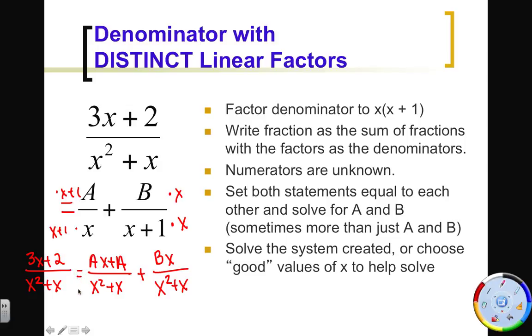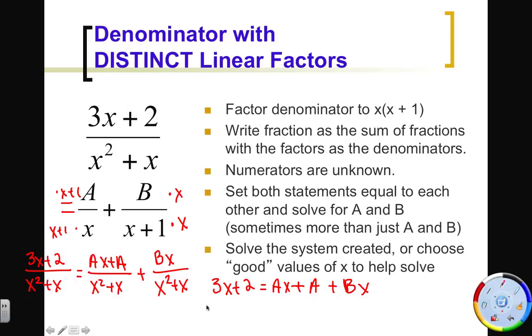Now, here's what's nice about these types of problems. Since I'm solving for A and B, and all of the denominators are the same, I can only look at the numerator and solve that equation. So I can say 3x plus 2 equals Ax plus A plus Bx.